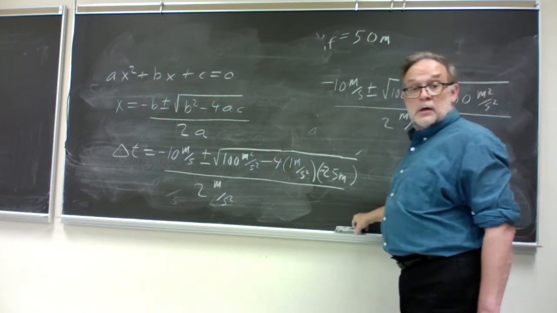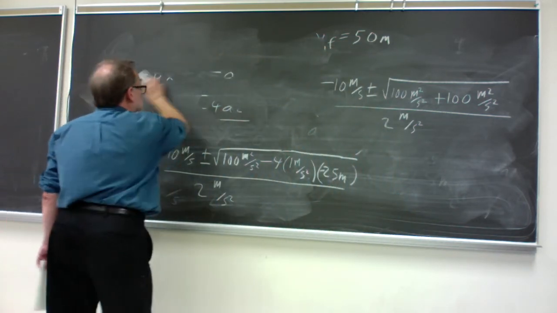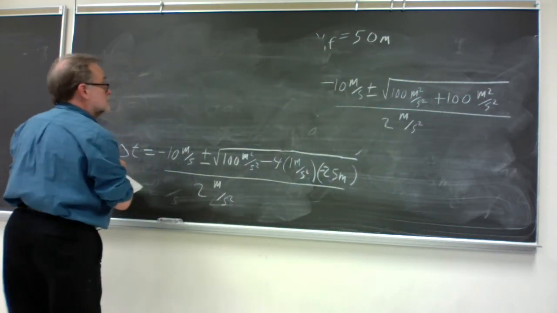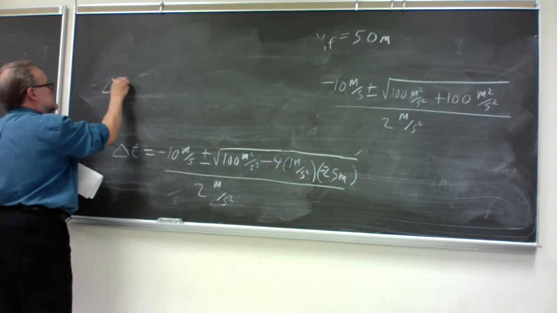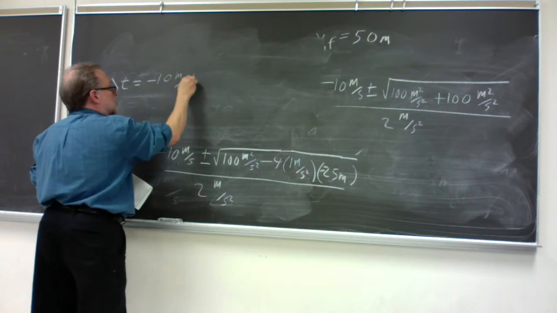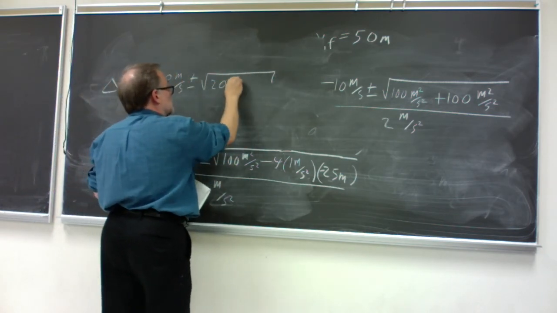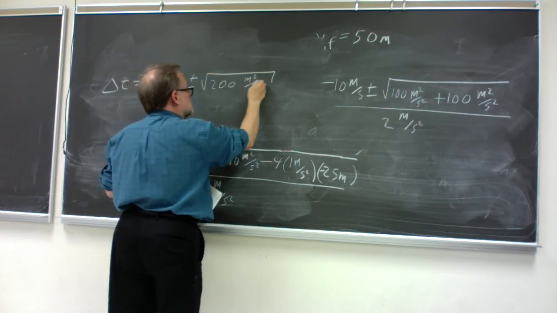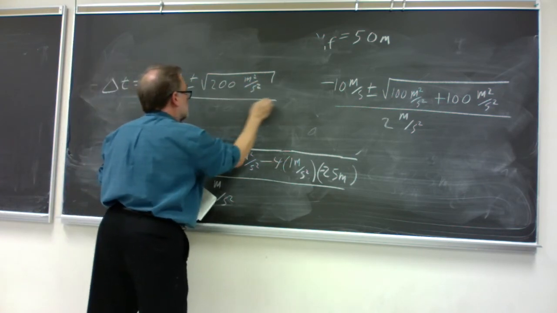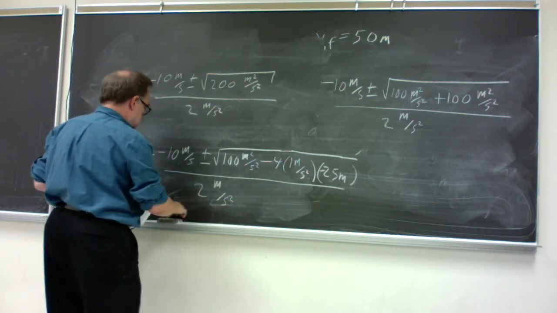So what do our delta t values look like? Delta t is minus 10 meters per second plus or minus the square root of 200 meters squared per second squared over 2 meters per second squared.